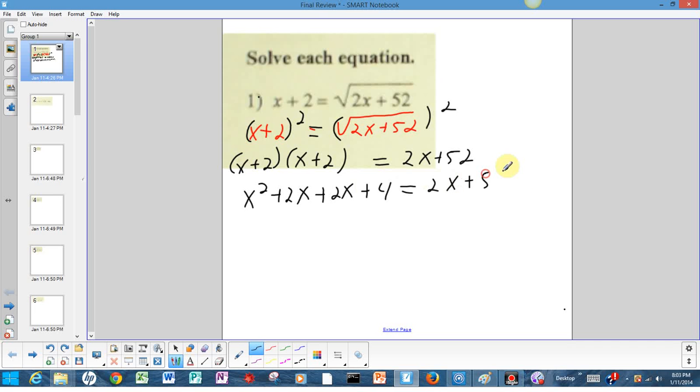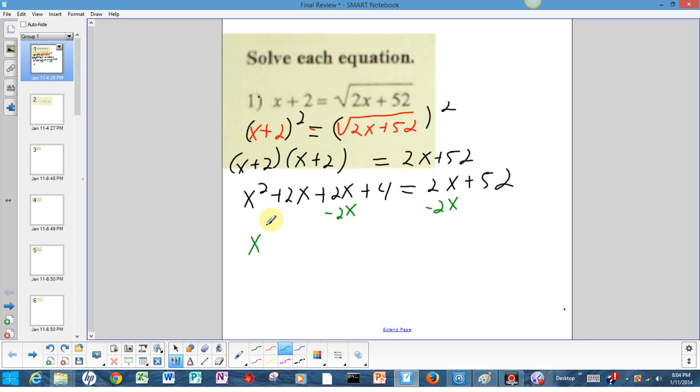Normally I would combine those, but I can see that if I simply subtract 2x from both sides, one of those would cancel, and then I'm also going to subtract 52 from both sides. Maybe I should back up a little bit and say this.